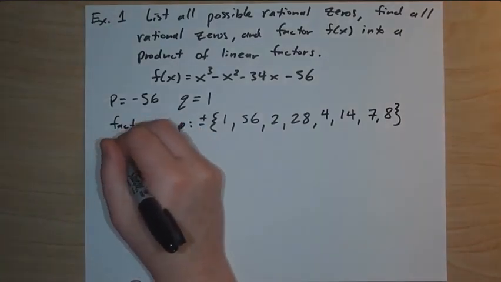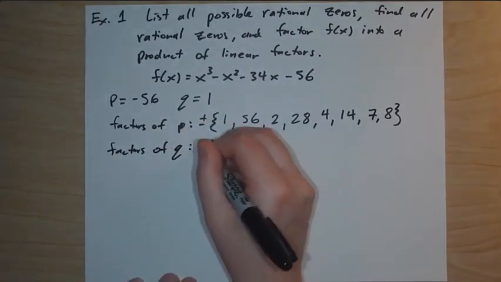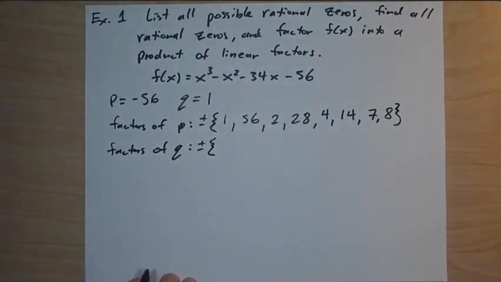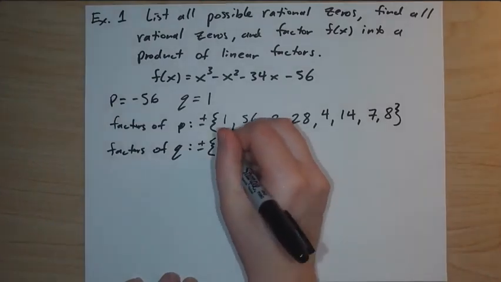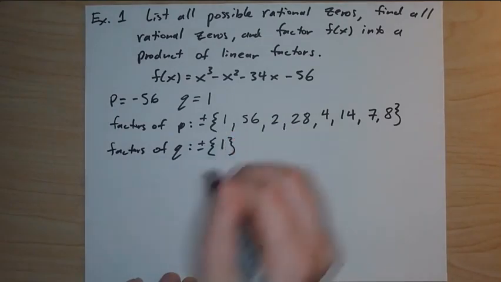So then we're going to look at the factors of Q. This is also a plus minus kind of situation. Q is 1, 1 times 1 is 1, and also negative 1 times negative 1 is 1. So the factors of Q is just plus and minus 1.